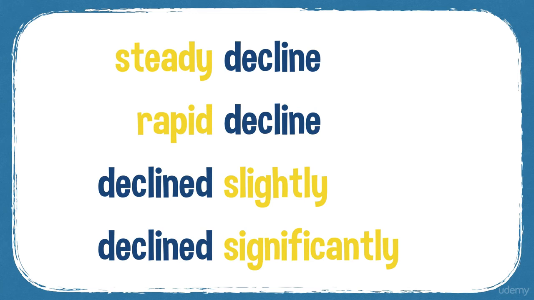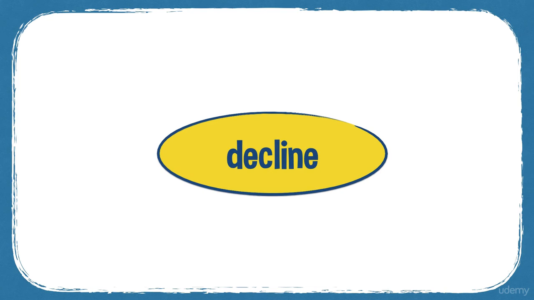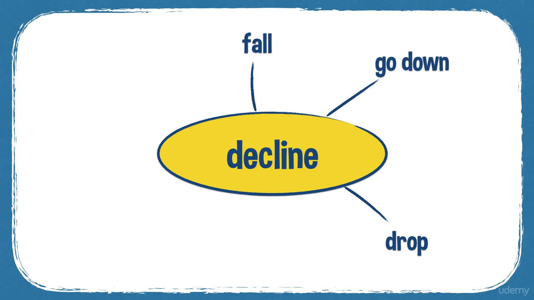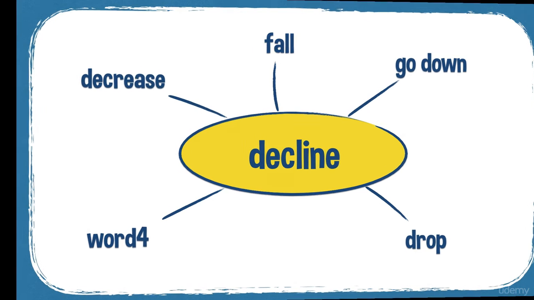So the first two examples are a noun, last two are verbs. And the verb forms are declines, declining, declined. And some synonyms for decline: fall, of course, drop, go down, decrease.